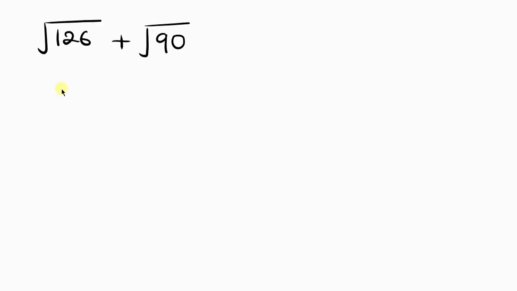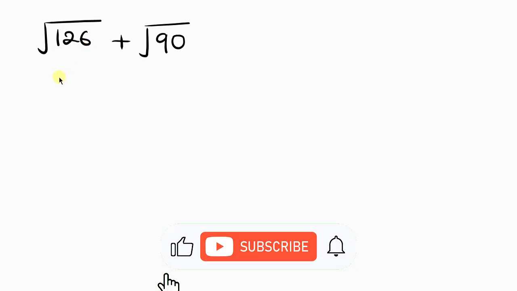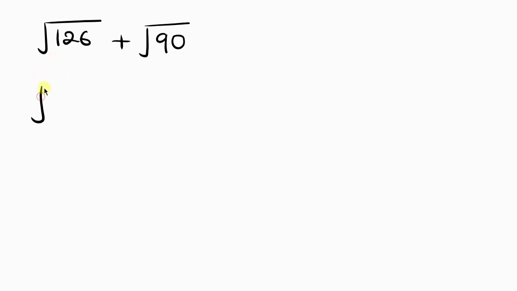Let's continue on the next slide. Our next step will be for us to decompose 126 into two factors, one of which is going to be a perfect square. So we have the square root of 126 is same as 9 times 14. 9 is the perfect square. Plus, we're going to be doing the same thing here. We're going to decompose this into two factors, one of which is the perfect square.